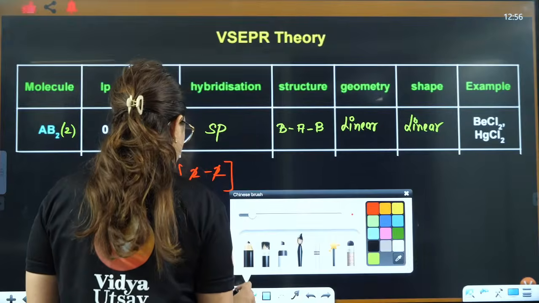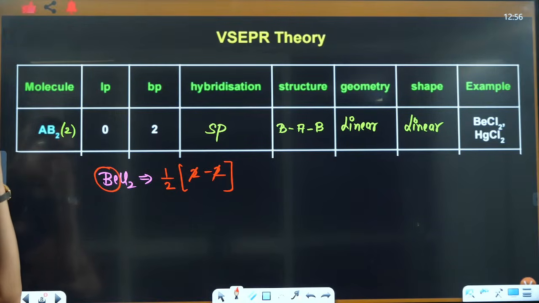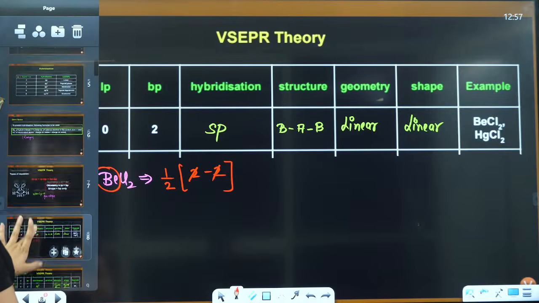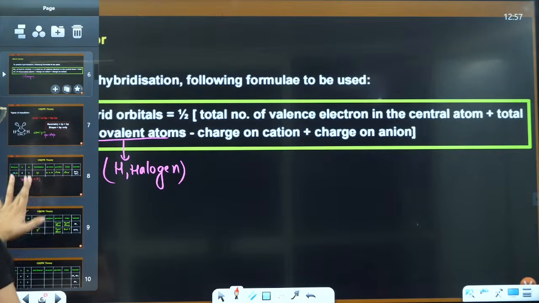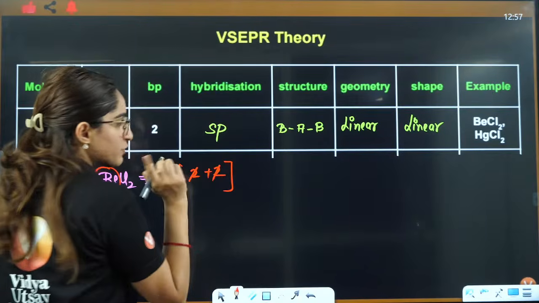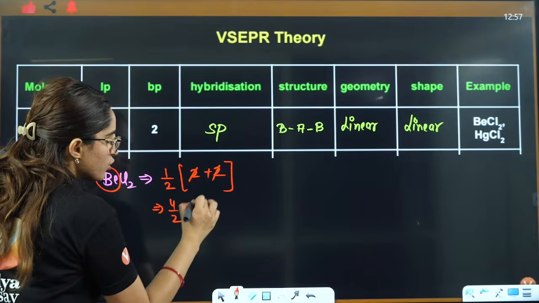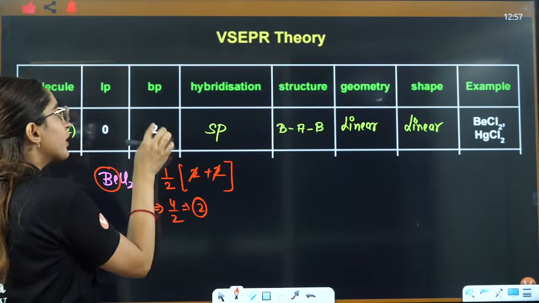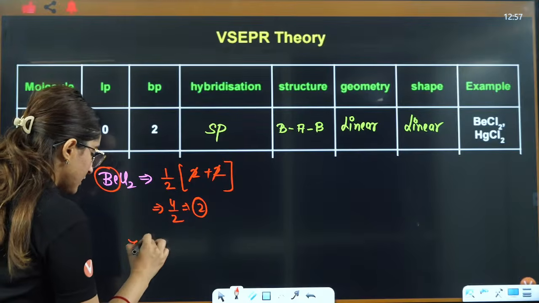The formula is the number of valence electrons of the central atom plus the number of monovalent atoms. I was thinking what I had done wrong. Yes, okay, so it was plus here. So it was 4 by 2, that is 2. Now we know the overall steric number is 2, right?